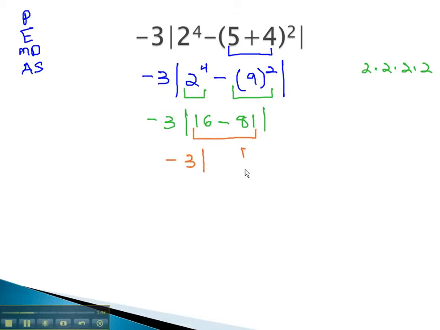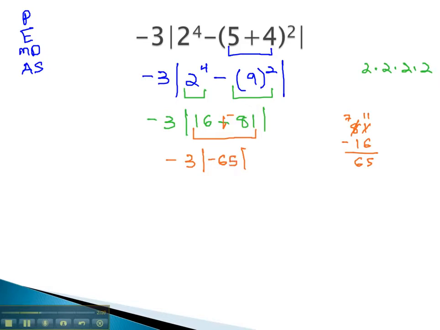Negative 3 times the absolute value of 16 minus 81. We might add the opposite to see that the negative is bigger. And when we do 81 minus 16, we'll have to borrow, and when we do, we get 65. So we get negative 65.